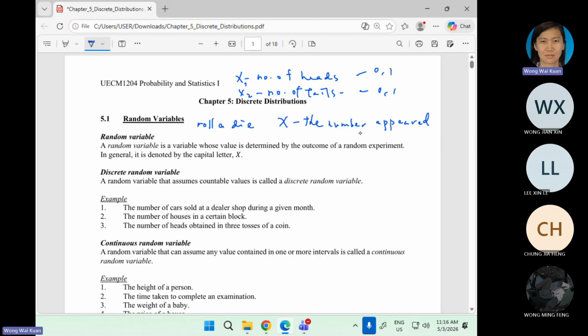So what is the number that appears? It could be 1, 2, 3, 4, 5, 6, when I roll one die only.